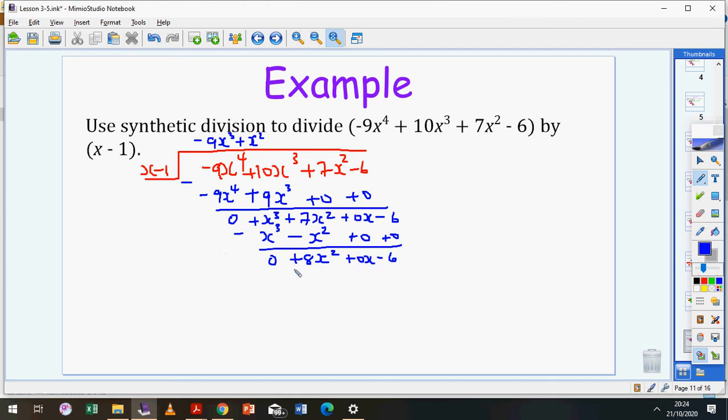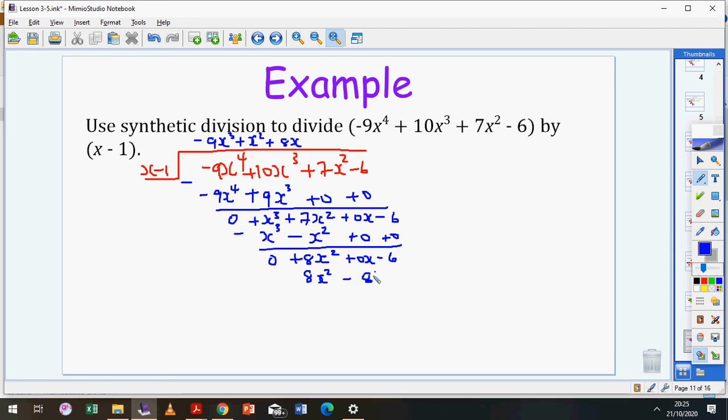Keep going. So I'm dividing 8x squared by x. That gives me 8x. 8x times x is 8x squared. 8x times negative 1 is negative 8x.